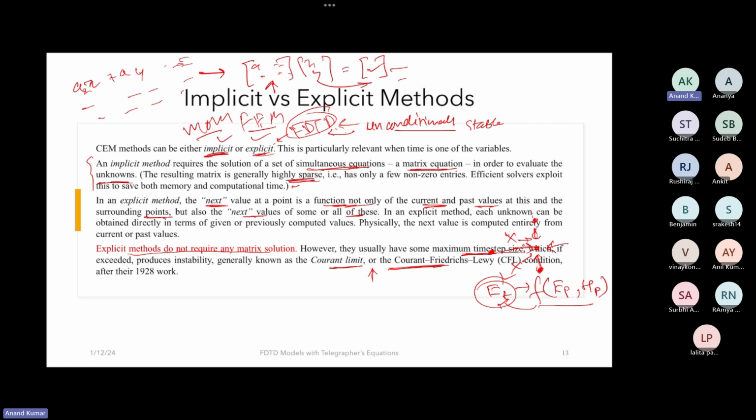In the previous class we had discussed that it has something to do with delta t being less than delta x by some speed, something of this form. We have to maintain the ratio of discretization in time and space, which is given by the Courant limit. So this is something you must follow while writing the explicit method codes.